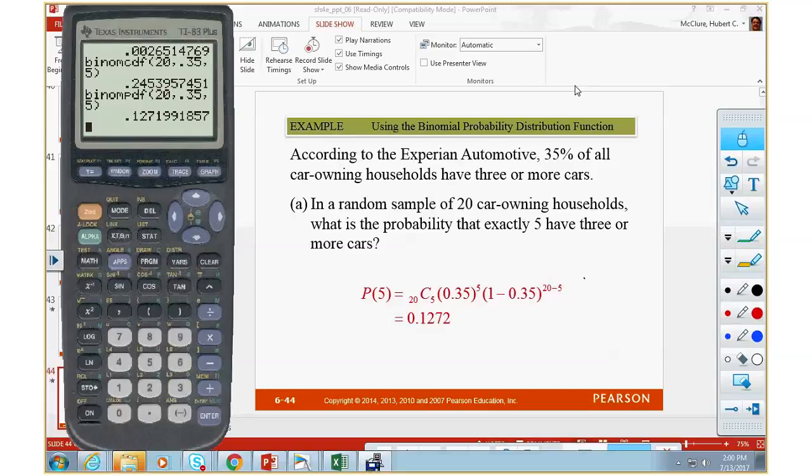PDF means probability. CDF means chance, I guess. PDF is probability. I've been using the wrong one. Sorry. My mistake. I told you a while ago, you didn't hear my note? I said we'll get to the first problem, and that's why I was looking for the problem.